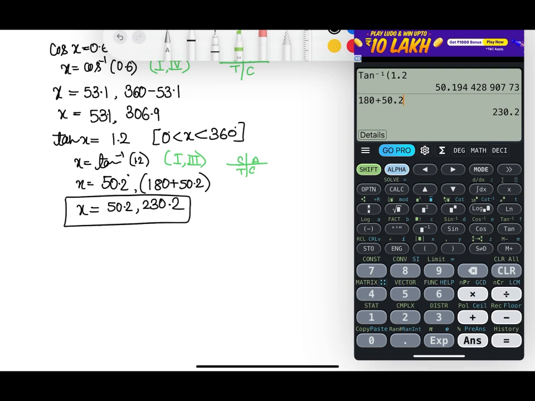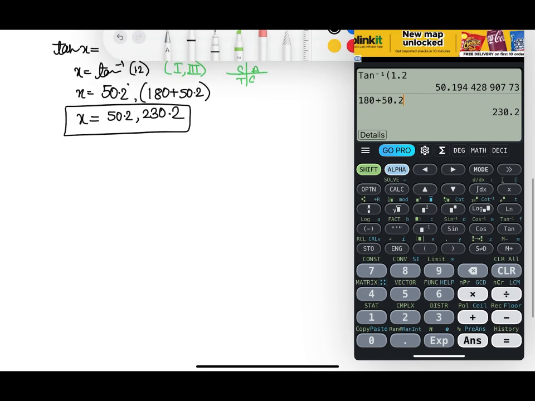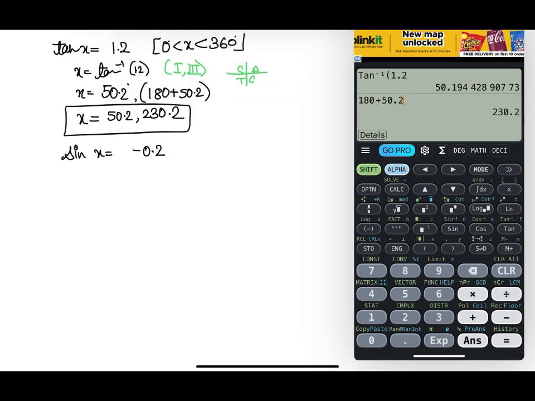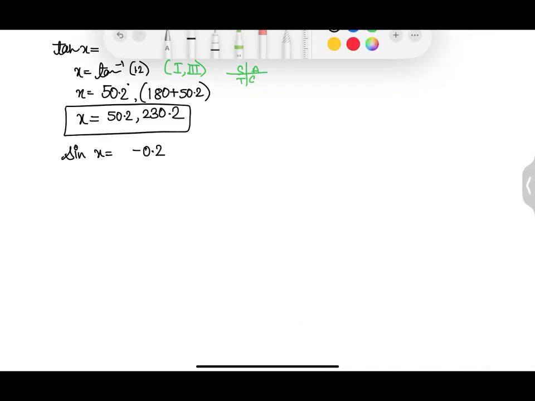I hope it's clear. Now let's do a negative number. So sine x is negative 0.2. Again, the CAST rule. Sine is not negative in the first and second quadrant. It's negative in the third and fourth quadrant.